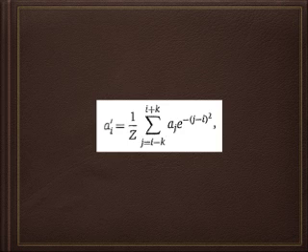For example, in Gaussian smoothing, one replaces a_i with a_i prime equals 1 over z times the summation of a_j times e to the minus (j minus i) squared, over all j starting from i minus k to j equals i plus k.